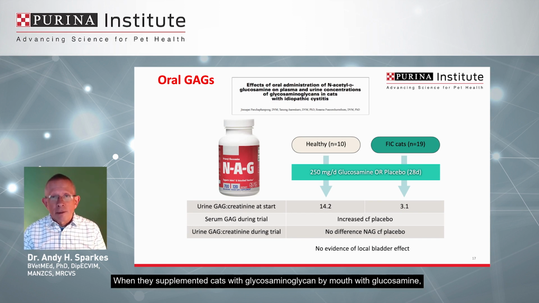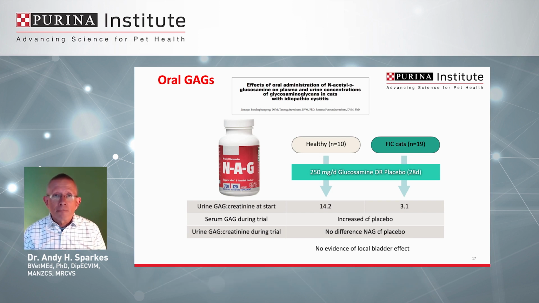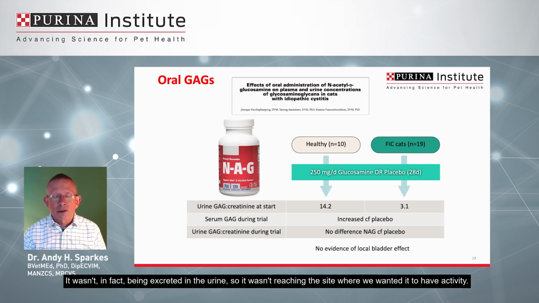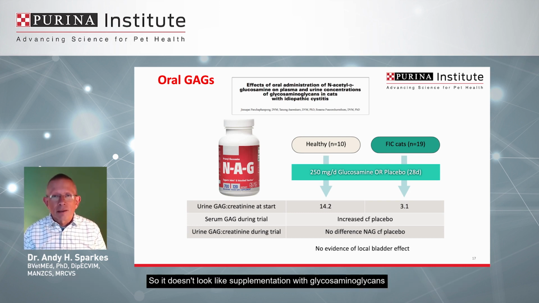When they supplemented cats with glycosaminoglycan by mouth with glucosamine, serum concentrations of glucosamine increased quite nicely, so the glucosamine was being absorbed from the GI tract, but in fact it was having no effect on glucosamine concentrations in the urine. So it wasn't in fact being excreted in the urine, so it wasn't even reaching the site where we wanted it to have activity. So it doesn't look like supplementation with glycosaminoglycans makes a significant difference in these cases.